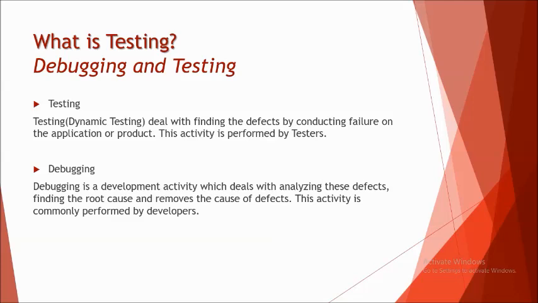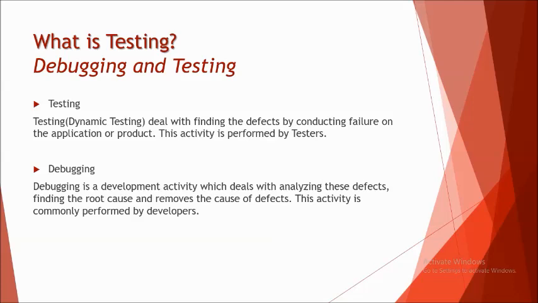The development team takes care of analyzing these defects, what the defect is all about, what its summary was, and finding the root cause, why exactly this defect was happening, because it's not always the case that what you see is the exact thing you need to fix.